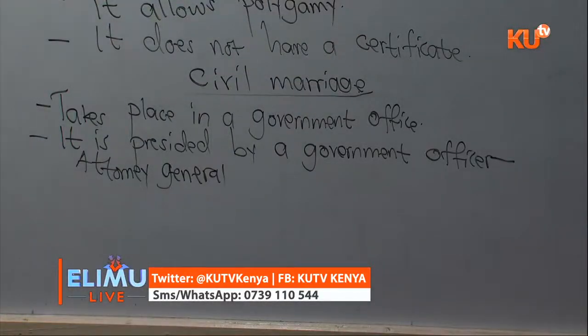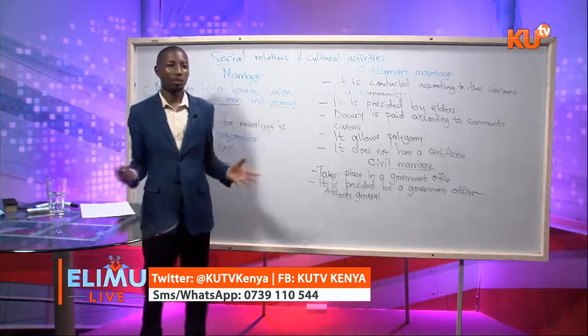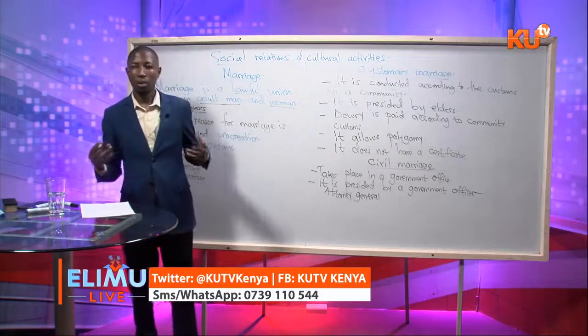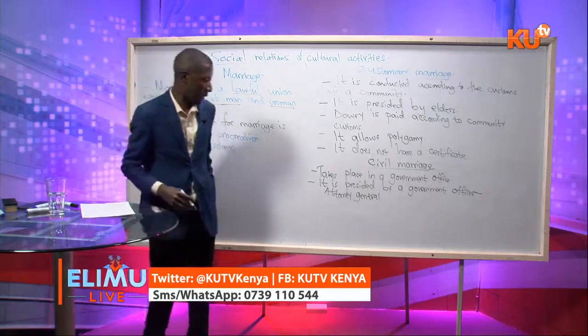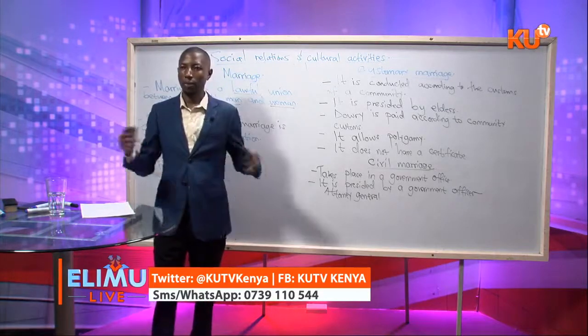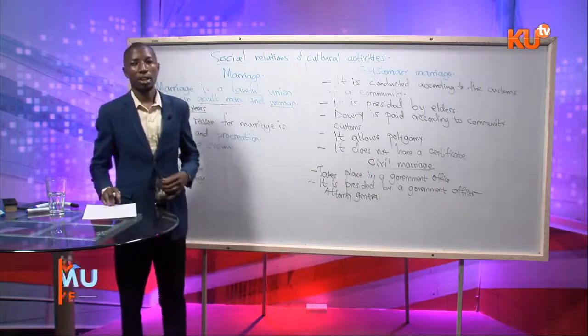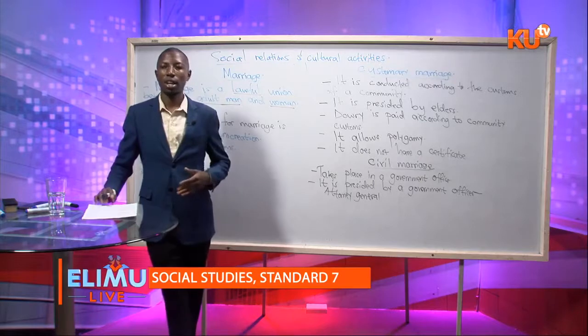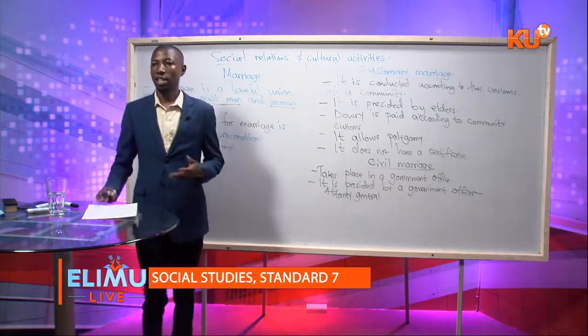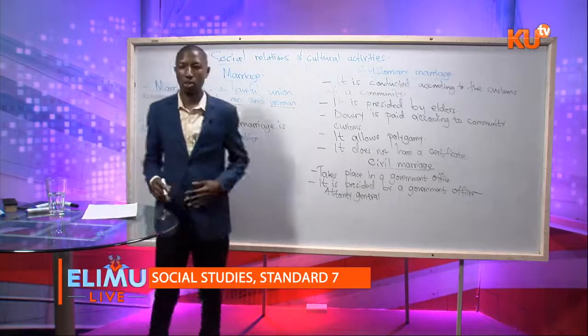But because the Attorney General in Kenya is only one, he will not preside over all the marriages in Kenya. And Kenyan people like to get married. They even complained when they were stopped from getting married during COVID. So there are very many marriages in Kenya that cannot be presided over by one Attorney General.